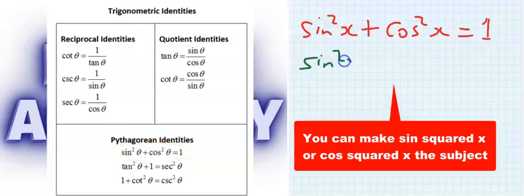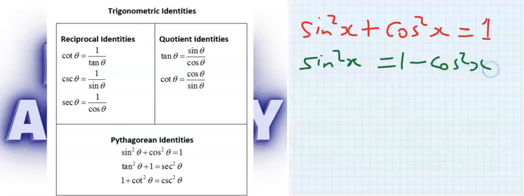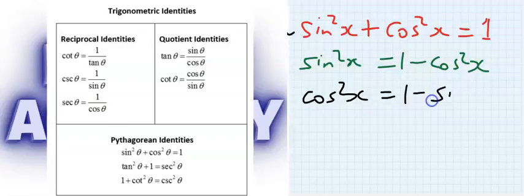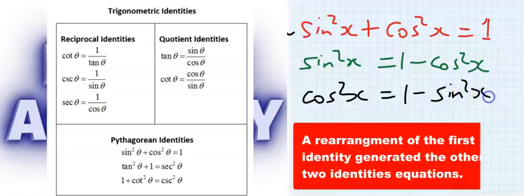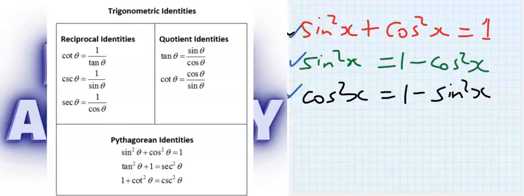Sine square x is equal to 1 minus cos square x. From here, we can equally have that cos square x is equal to 1 minus sine square x. It's important you know each of these because we are going to use it to solve some problems.